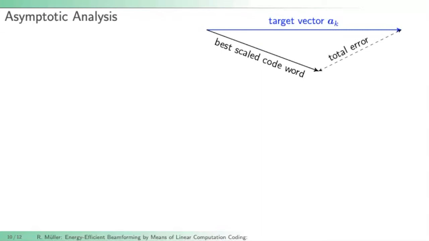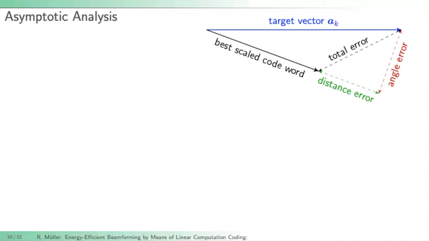This can be illustrated in this asymptotic analysis. Consider the target vector AK as shown here. Now you can decompose your total error into a distance error and an angle error.